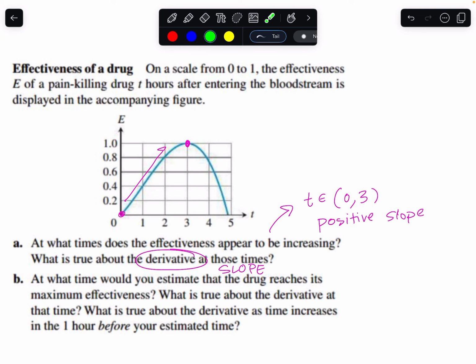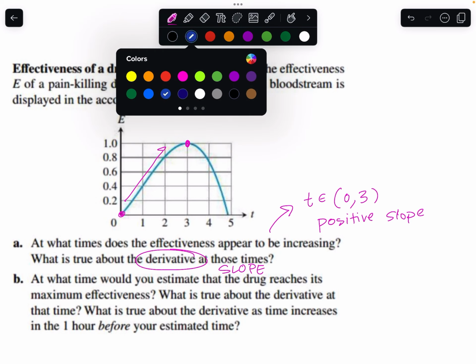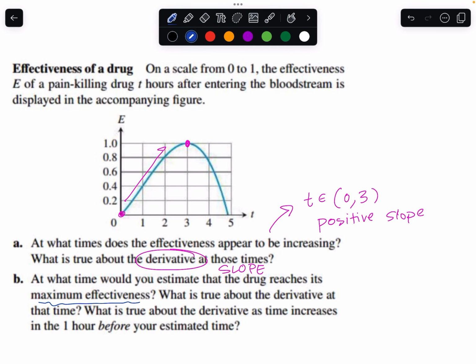So for maximum effectiveness, I think you guys can agree with me, that's going to be at t equals 3.